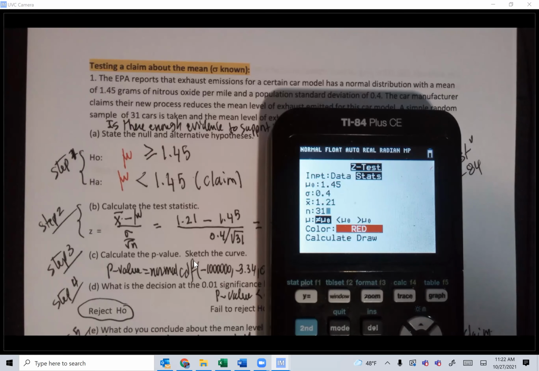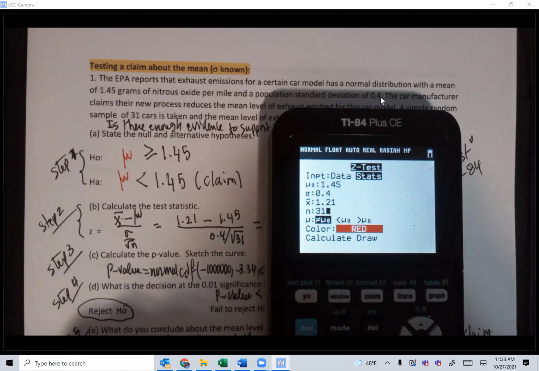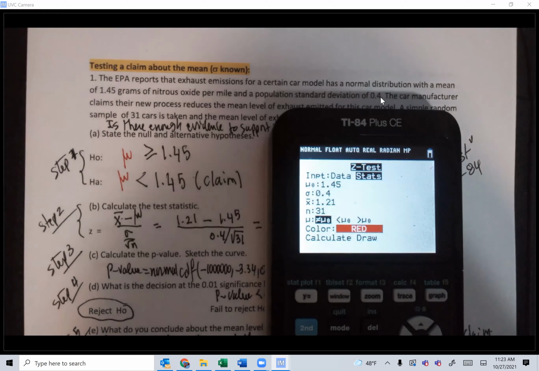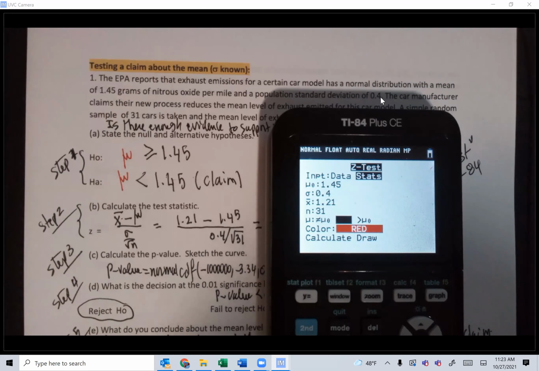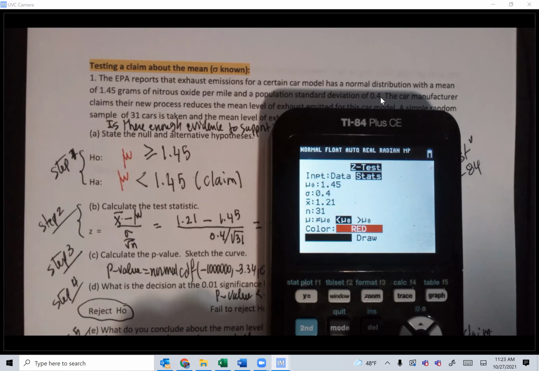So what is it going to be? First, second, or third? Yes, second, exactly. So it's less than. And make sure to press enter to select it, guys. Now it is selected. And hit calculate, guys.